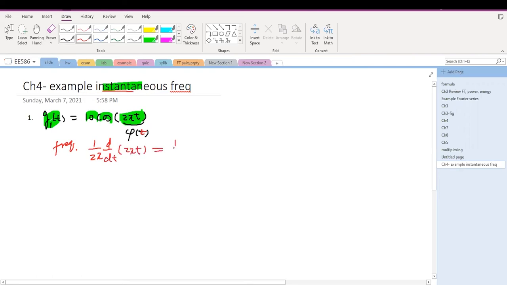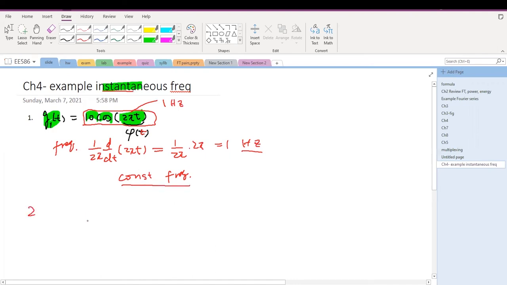That equals 1 over 2 pi times 2 pi, that equals 1 hertz. So this is a constant frequency. And we know from before that this signal has a frequency of 1 hertz. So in this case, the frequency is constant, it does not change with time.